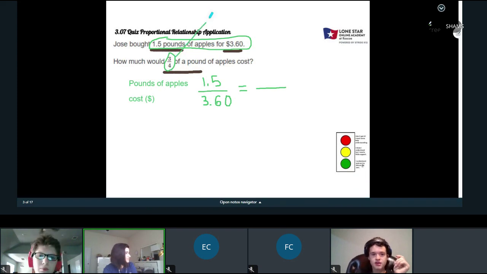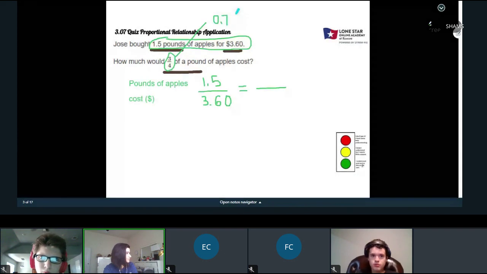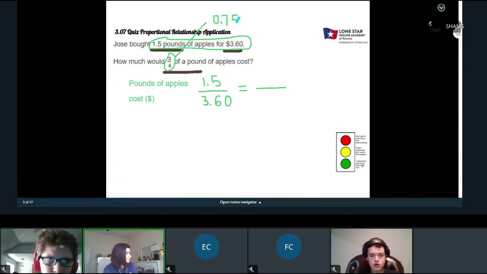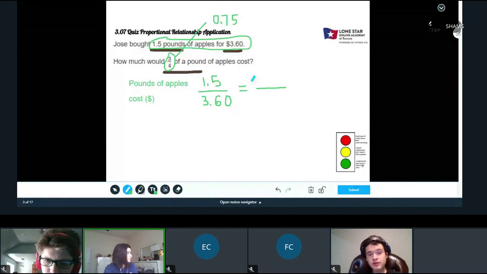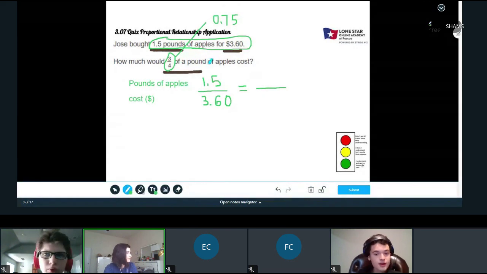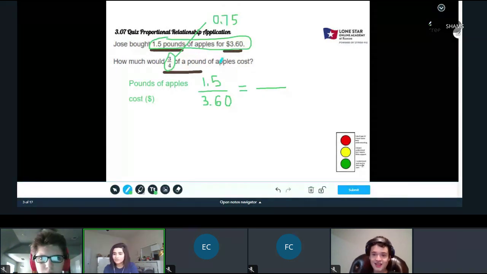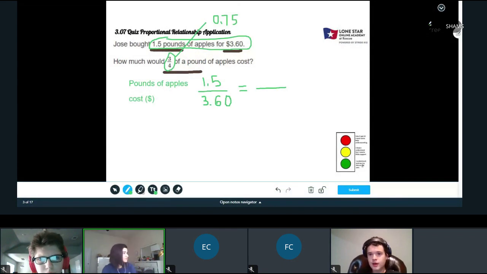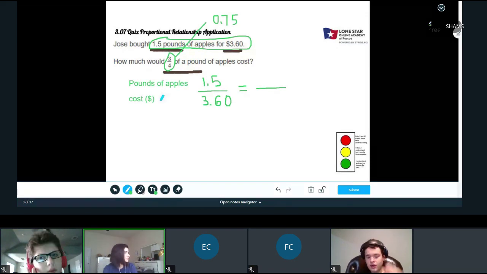So this is 0.75, and this is what I will use here. I want to find the cost of 0.75 pounds of apples. Where will 0.75 go? Do you think it will go in the numerator for pounds of apples or in the denominator for cost?